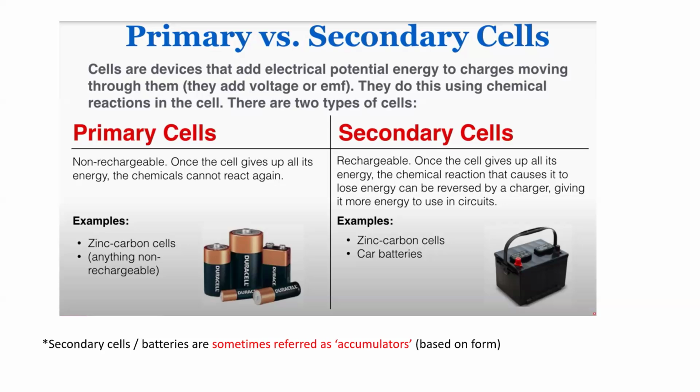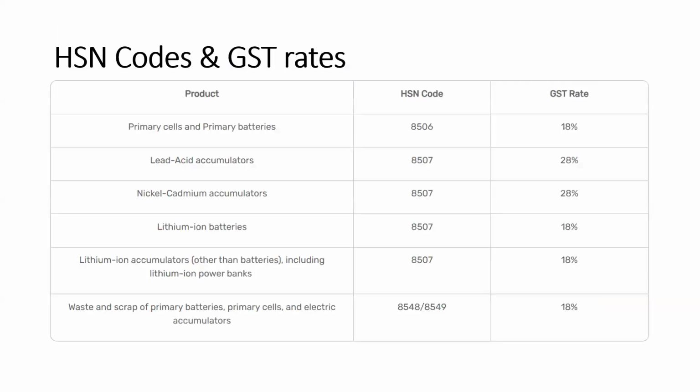It is not actually based on size or anything, but it is mostly used interchangeably. A secondary cell is also sometimes called an accumulator. So this is the basic understanding of what is a battery, what is a cell, and what is an accumulator.